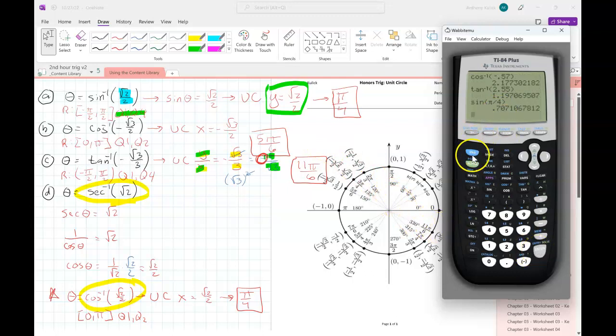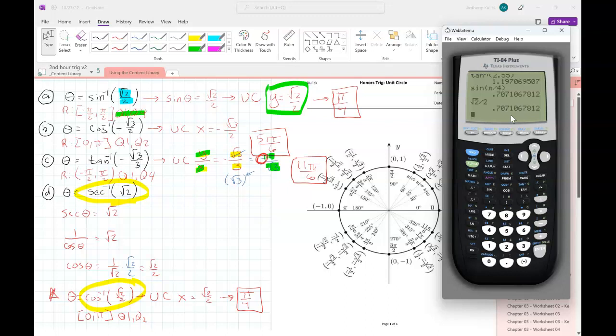So there's my decimal, and I'll observe that this decimal is the same thing as root 2 over 2. So that looks like it checks out, but there's one more thing I need to check.